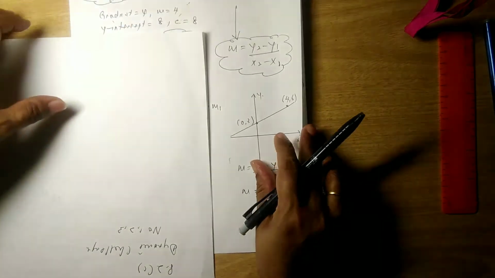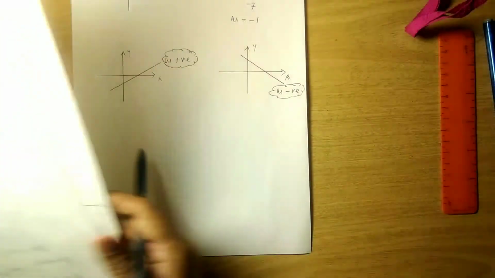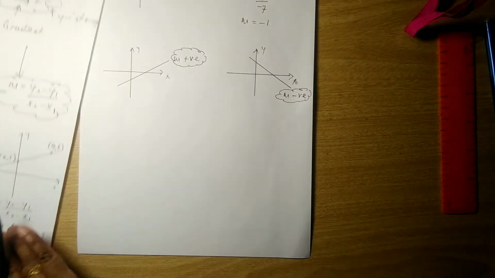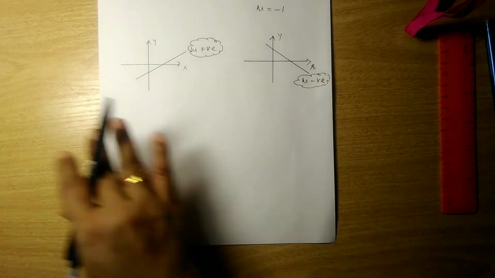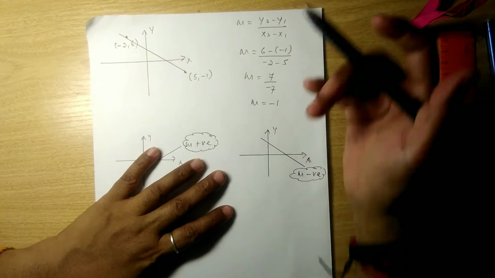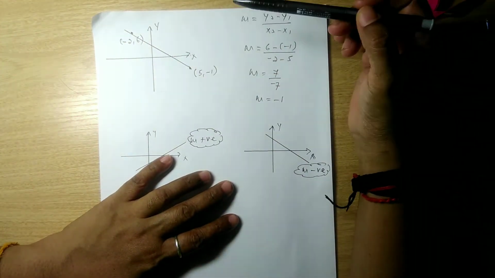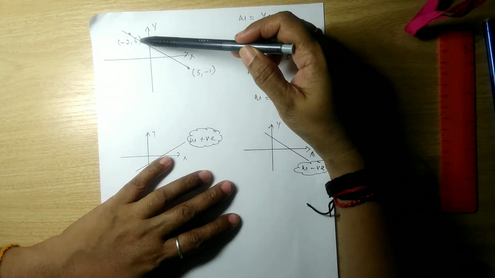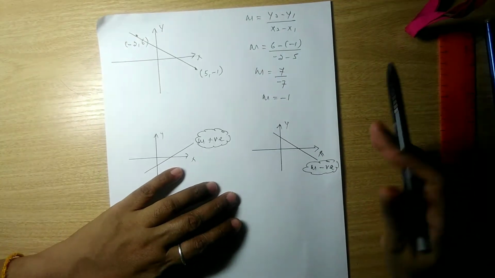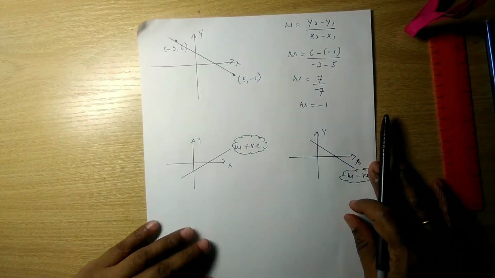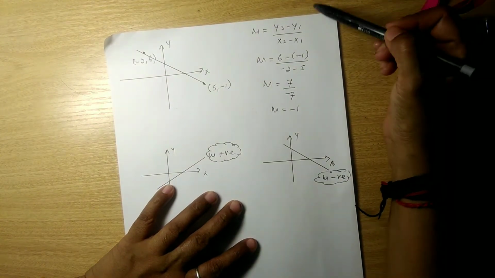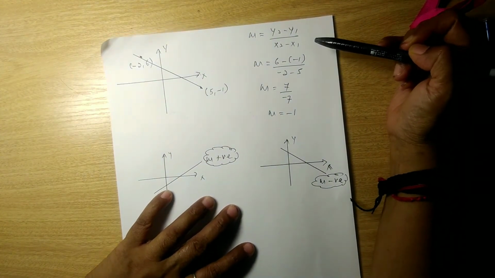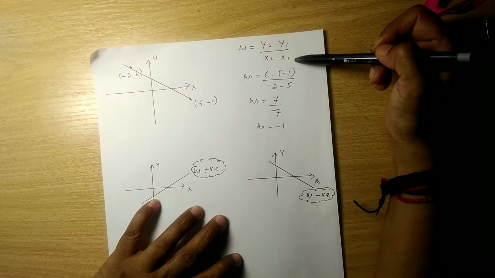Now let's say another question. You're given a line like this, with two coordinates, -2, 6 and 5, -1. Again, the formula is the same, y2 minus y1 over x2 minus x1.